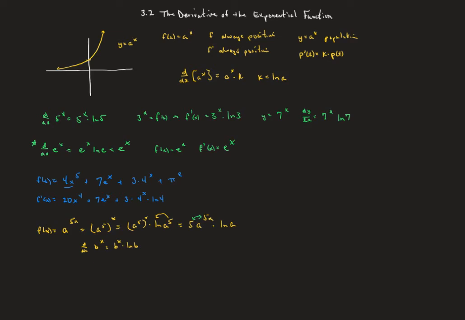So I'm going to go to a new panel here, and I want to do another kind of problem. Let's find an equation of a tangent line again, which we have done often. Equation of a tangent line to, we're going to say, f of x equals e to the x, and we'll say at x equals e squared.